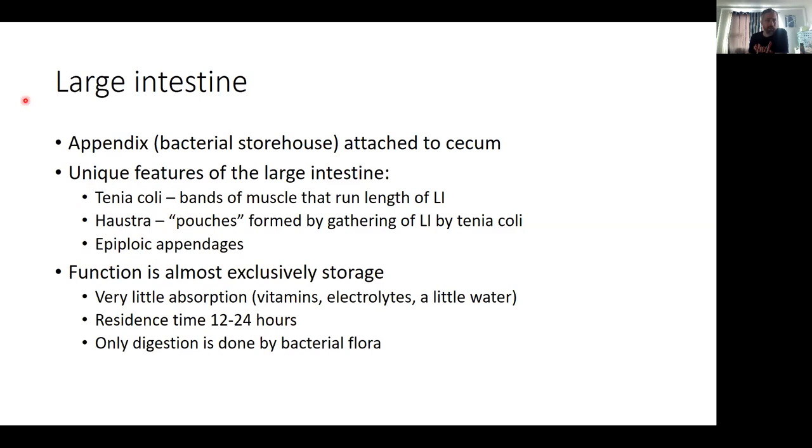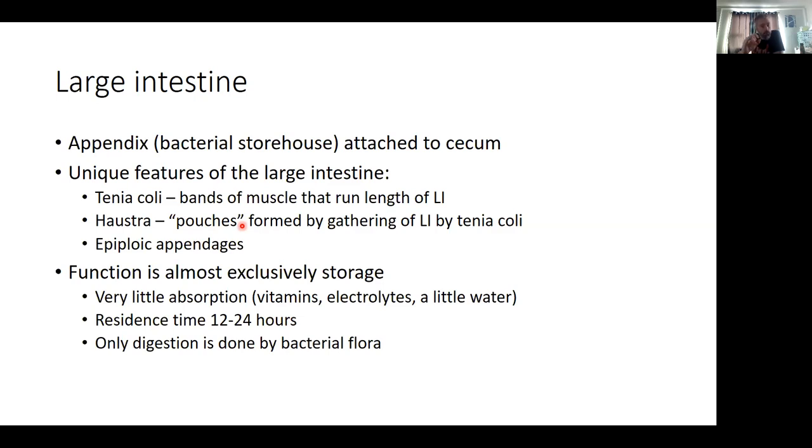As far as what the large intestine is there to do, it's basically just storage. Once we have moved across the ileocecal boundary, we are poop, right? We are feces at this point. There is essentially nothing left in here for us to get out of this.